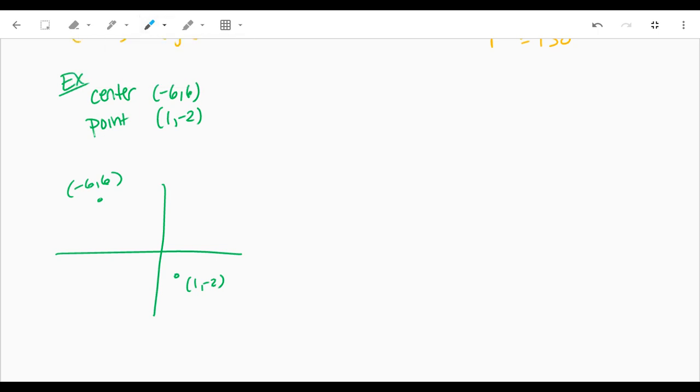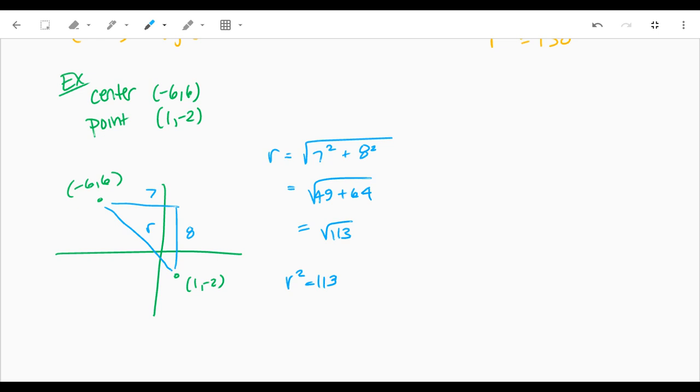So for the radius, again, just use your distance formula. -6 to 1 in the x's would be a distance of 7, and 6 to -2 would be 8. So r would be the square root of 7 squared plus 8 squared, so the square root of 49 plus 64. So that's the square root of 113. So r squared is 113. So again, here's your center, h, k. So x plus 6 squared plus y minus 6 squared equals 113. And that's it.